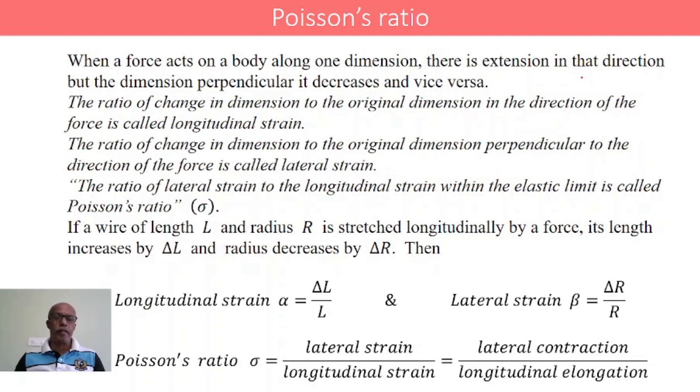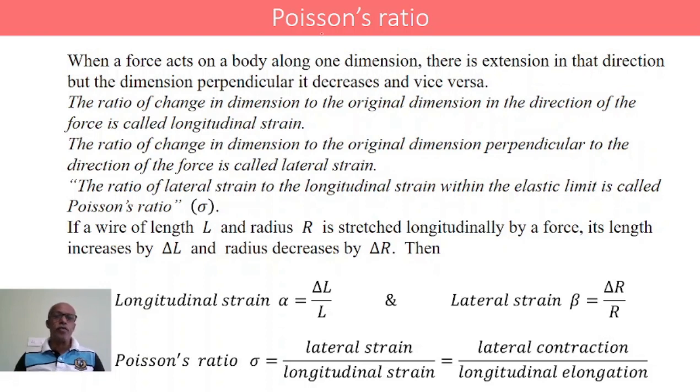For example, consider a wire, one end of which is fixed to a rigid support and the other free end is subjected to a load, because of which the length of the wire gets increased. As the length of the wire gets increased, the radius of the wire, or in other words, the area of cross section of the wire, will be decreased, and vice versa.